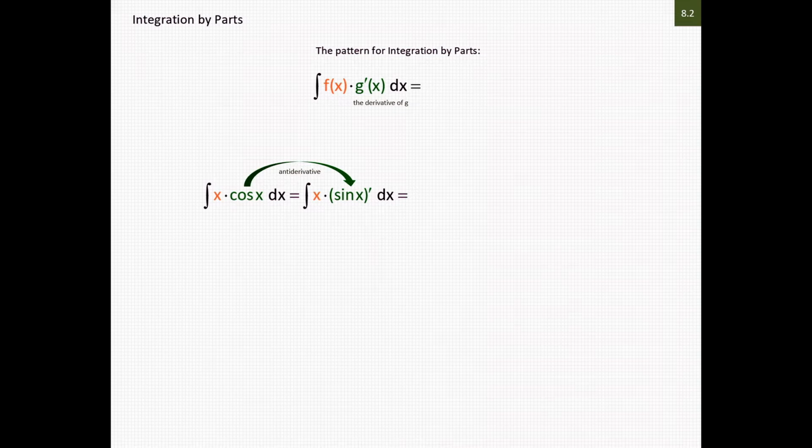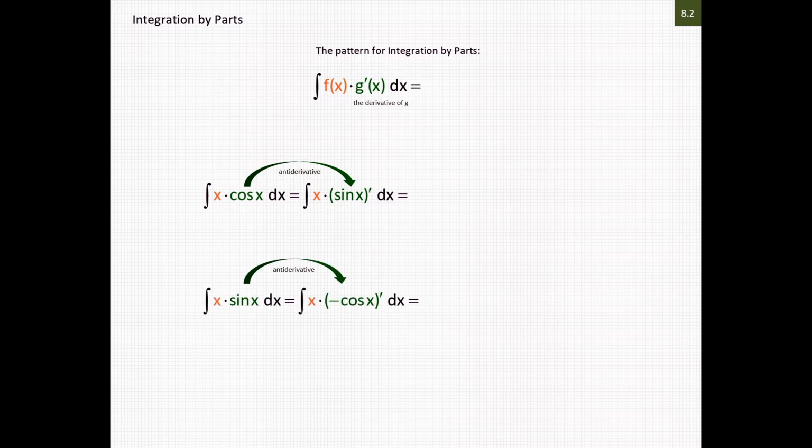For example, if the integrand is x times cosine x, I'll make this product follow the pattern needed for integration by parts. As the antiderivative of cosine x is sine x, I write the given integrand as x times the derivative of sine x.